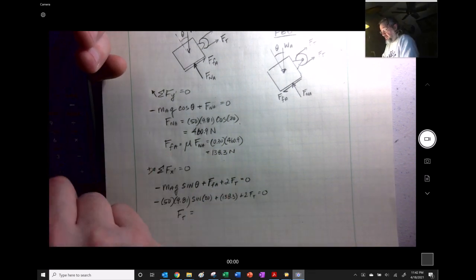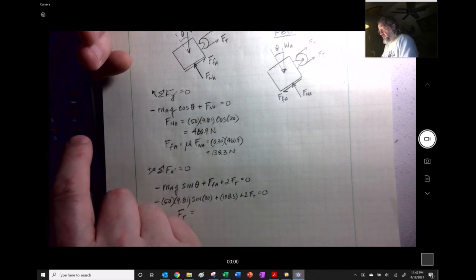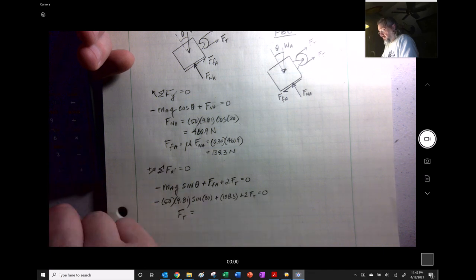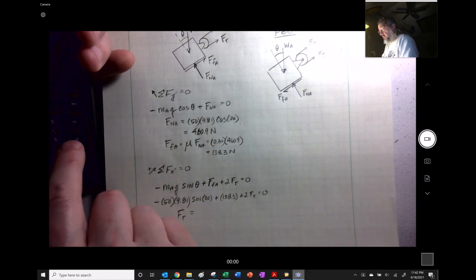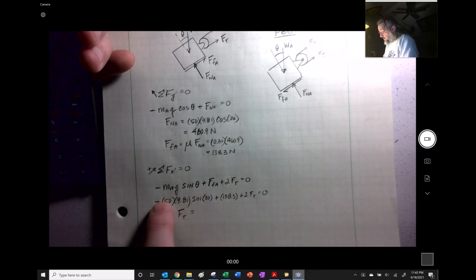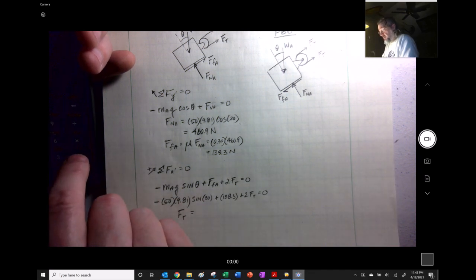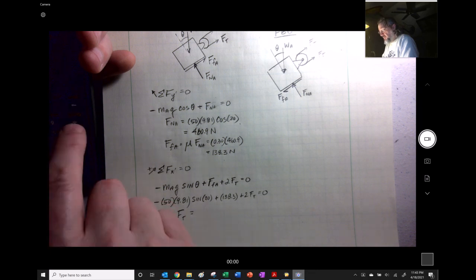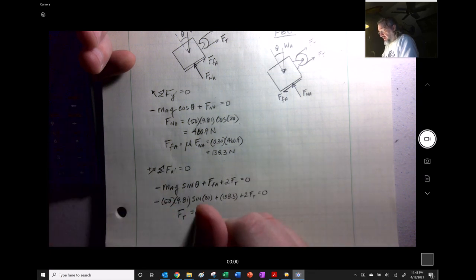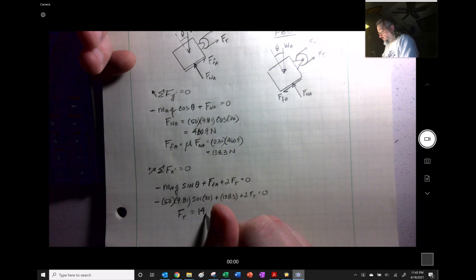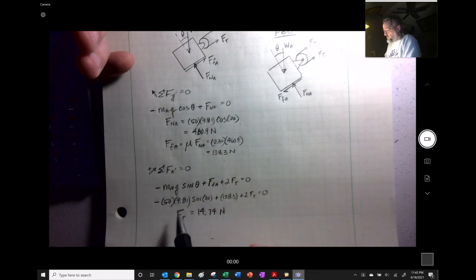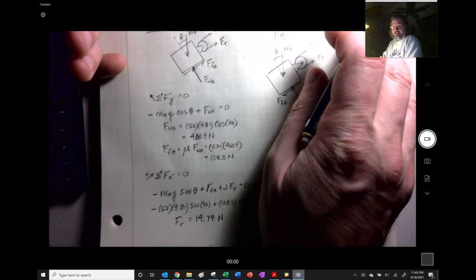Let's see, 50 times 9.81 times sine of 20. Ooh, we were lucky. This is bigger than that, okay? So we can subtract it out and divide by 2, and we get that cable tension needs to be 14.74 newtons for this thing not to slide down, right?